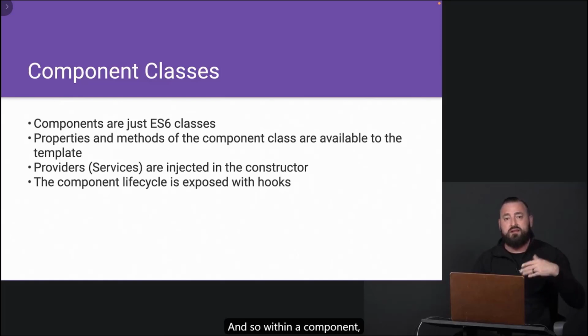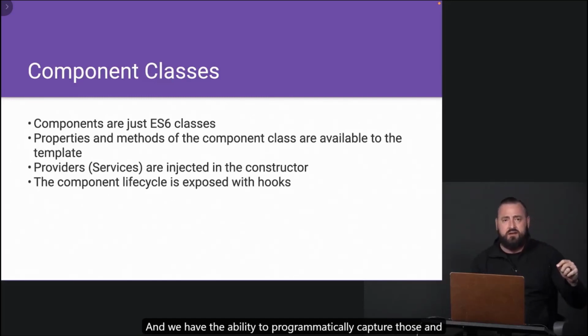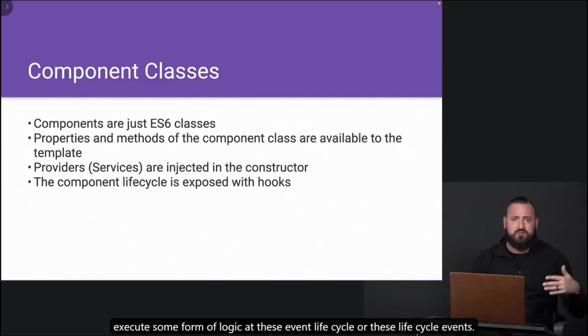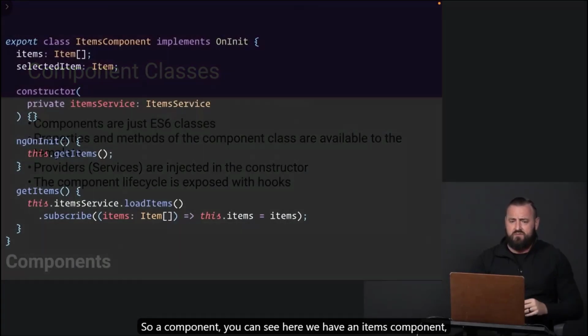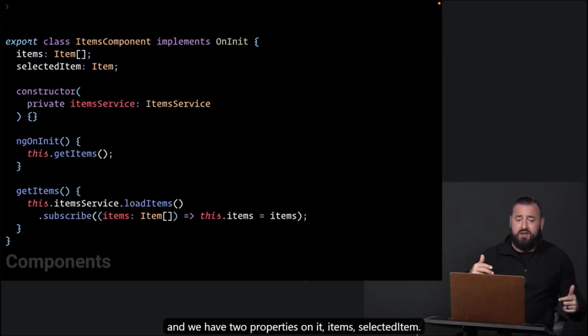And so within a component, you have a number of events that happen within the lifespan of a component, and we have the ability to programmatically capture those and execute some form of logic at these lifecycle events. So you can see here we have an items component and we have two properties on it, items and selected item.